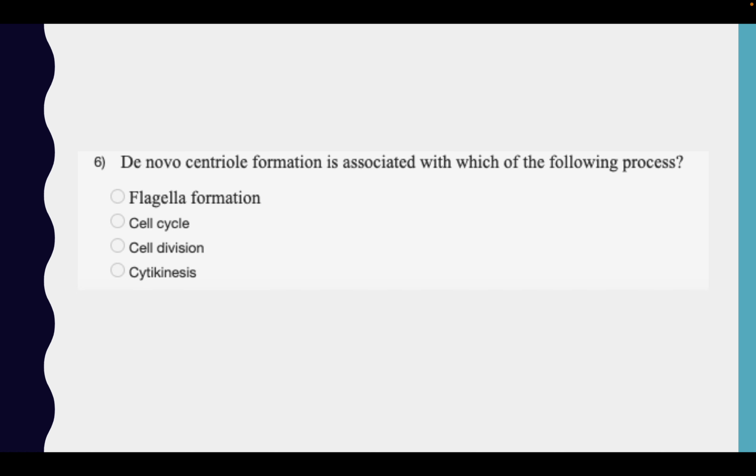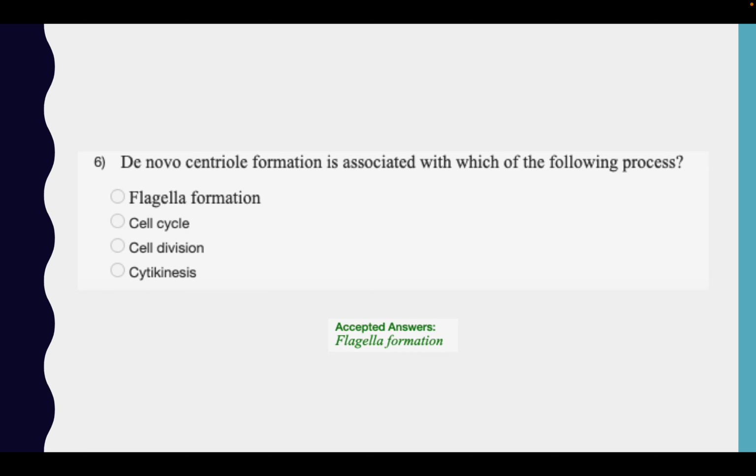Centriole formation, and that too de novo. Anyone? It is flagella formation.